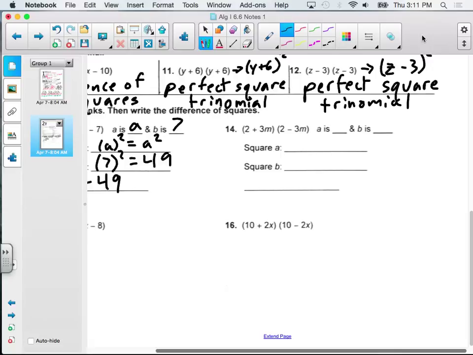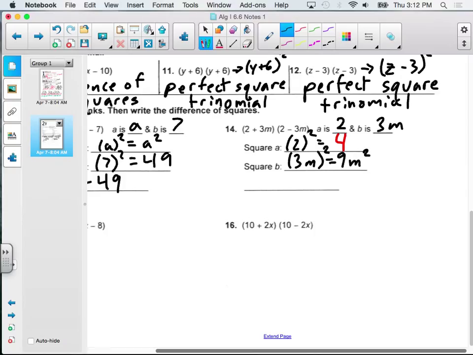Alright, 14. A is what? 2. B is what? 3m. The term with our variable won't always be in front, but that shouldn't matter, right? So we square a, 2 squared equals what? 4. And we square our second one, 3m times 3m is 9m squared.